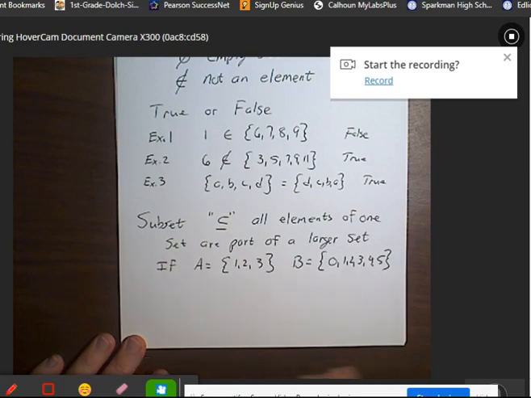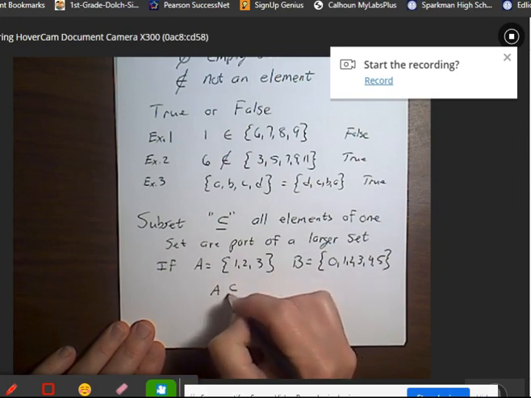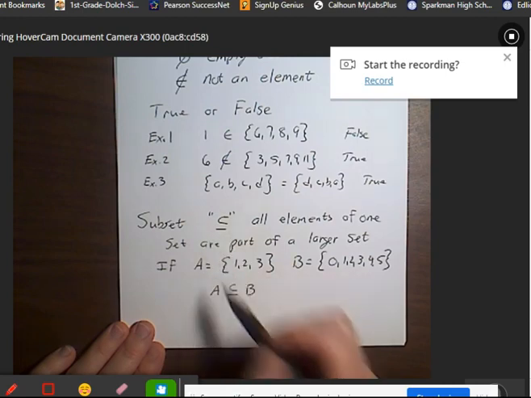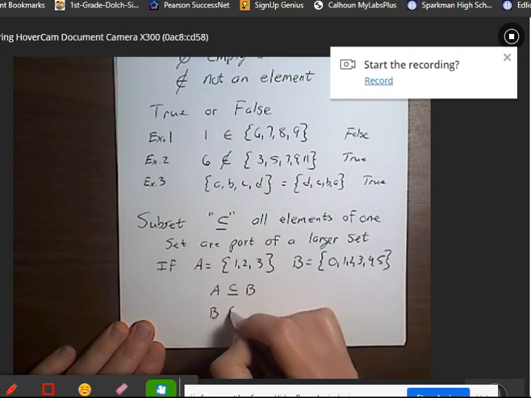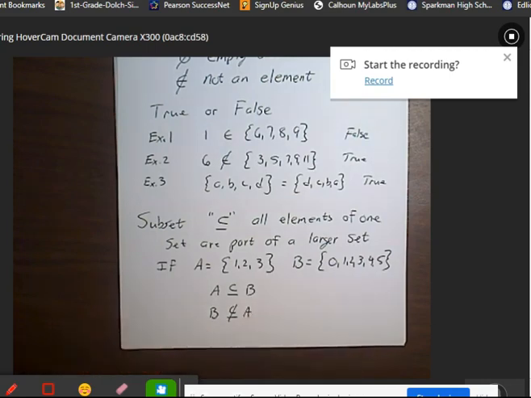And just for notation on this one, they may give you something like this, that A is a subset of B. And they can also use the slash through this one. So if you flip this around, you would say that B is not a subset of A, because not everything in B is in A.